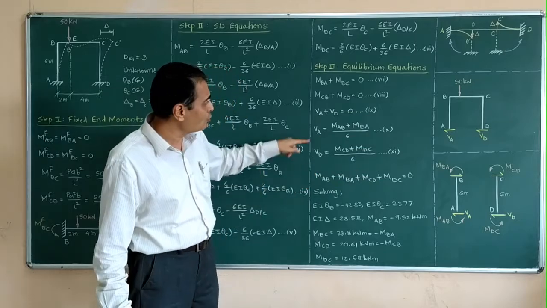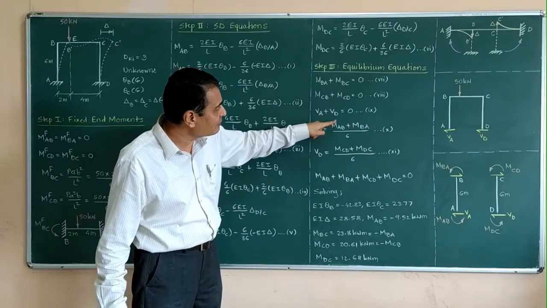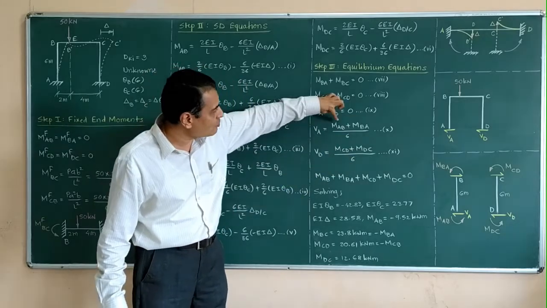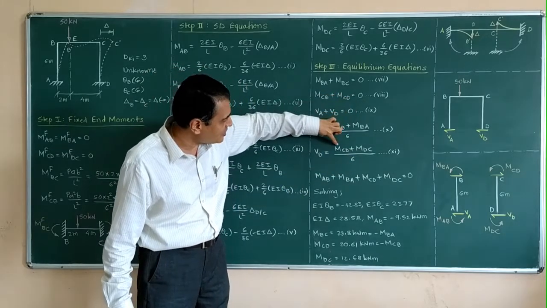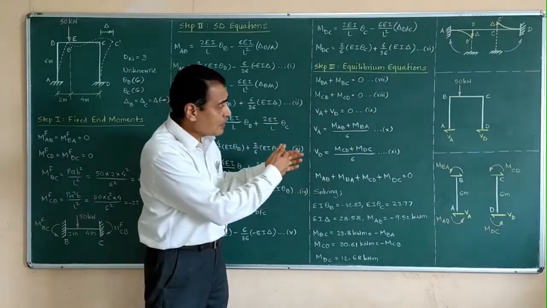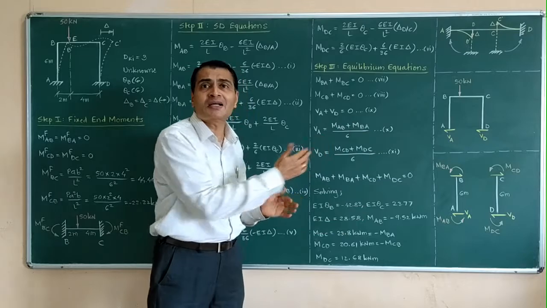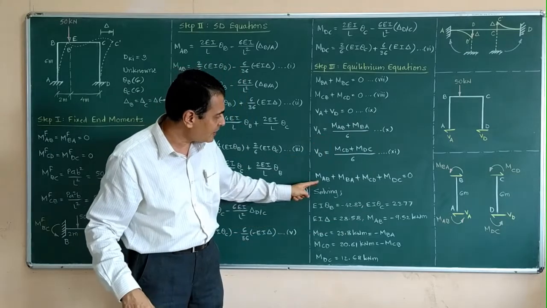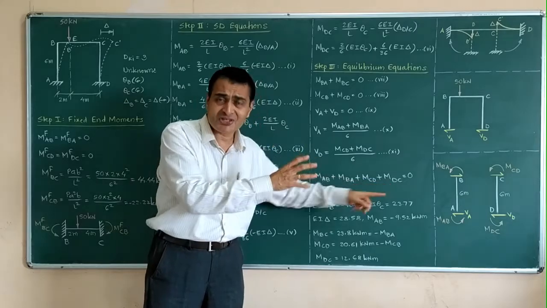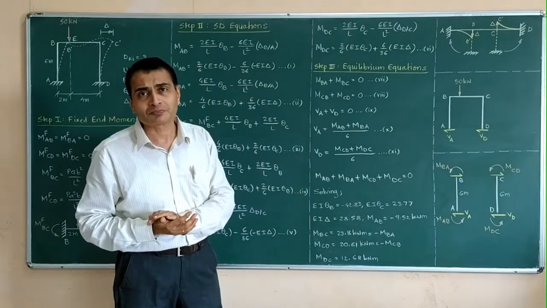Now what will I do? This VA and VD I will replace by these right hand sides so that I am getting M of AB plus M of BA plus M of CD plus M of DC. Common denominator 6 multiplying with 0 on the right hand side will vanish, and I am getting AB plus BA plus CD plus DC end moments summation equal to 0.